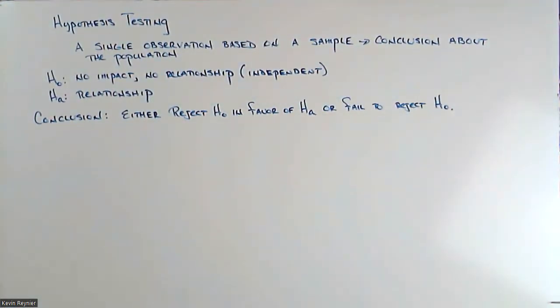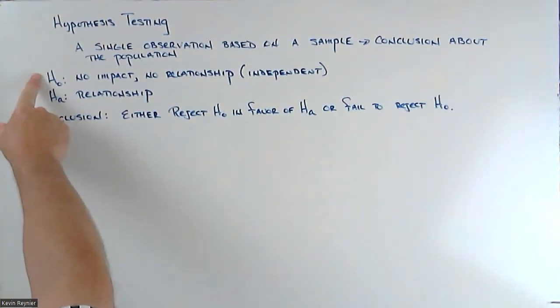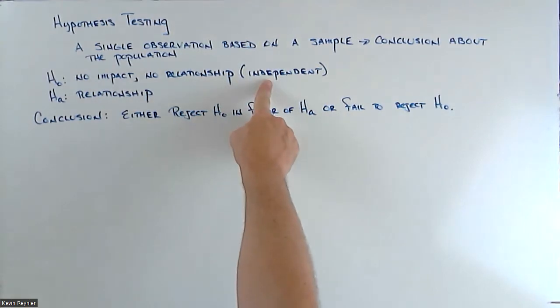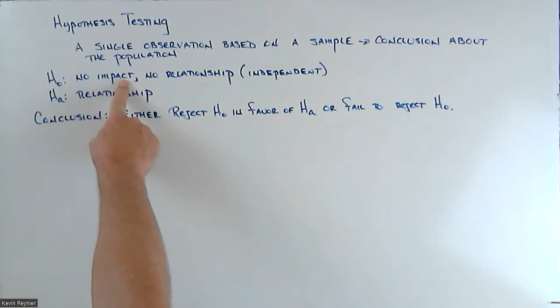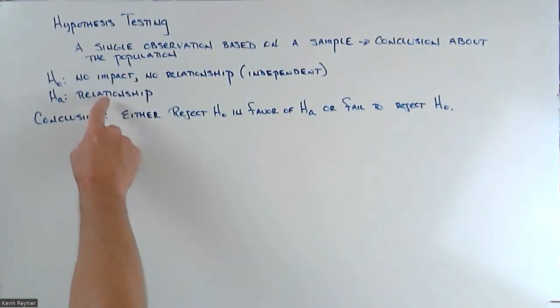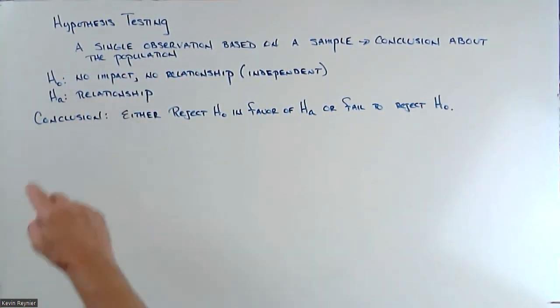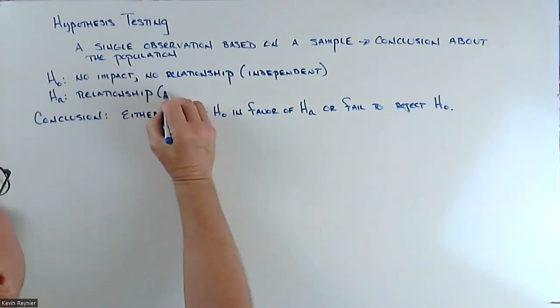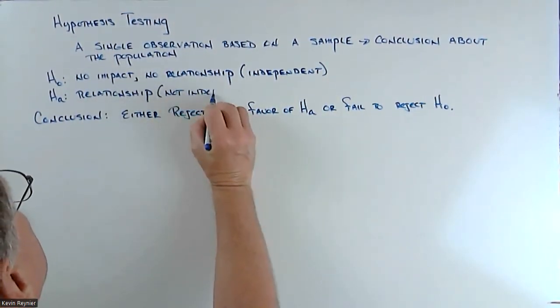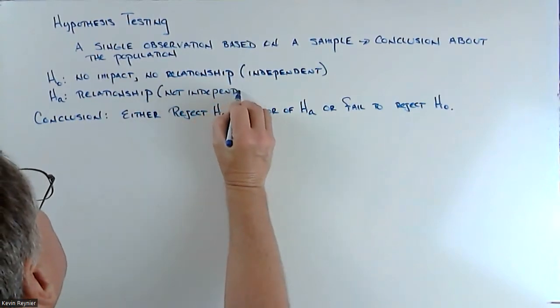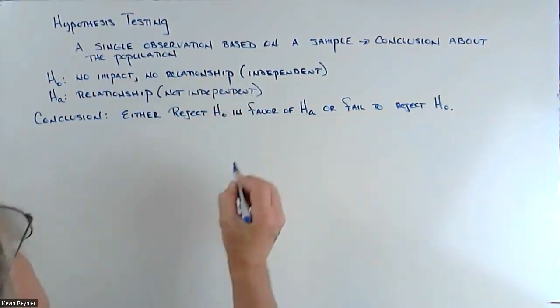As we go through these problems, pay attention to the fact that the conclusions we formulate are always one of these two. We're going to reject H naught, the idea that the variables are independent, that there's no relationship, that one has no impact on the other, in favor of there is a relationship. They're not independent. That is one possible outcome.